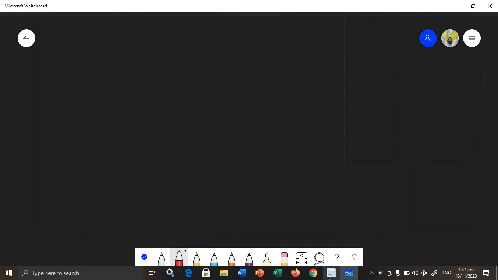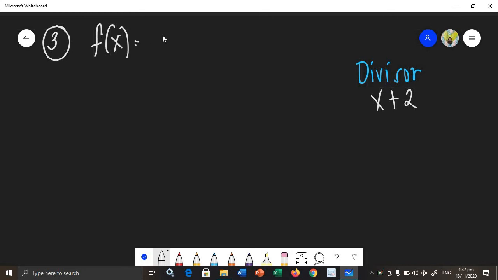So, let's examine if x plus 2, which is the divisor, okay, let's see if x plus 2 is a factor of x squared minus 7x plus 10. So again, we need to compute for the value of x and we need to equate this to 0. So x is equal to negative 2.